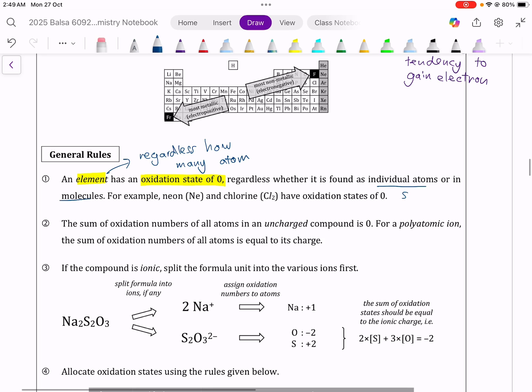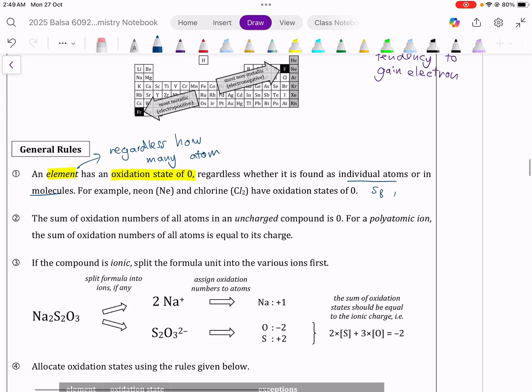Things like S8 even, the oxidation state will be 0. Zn, zinc itself, Mg, the oxidation state will all be 0 so long as it's an element. So every time you see an element it's very easy; straight away you can assign the oxidation state as 0.